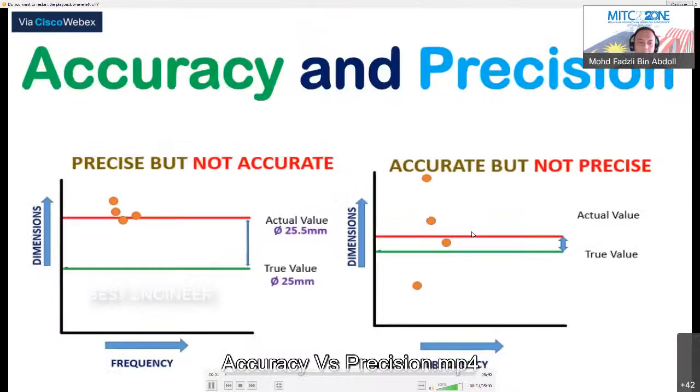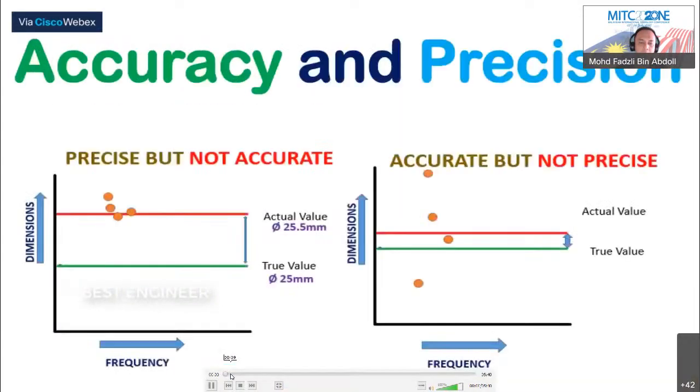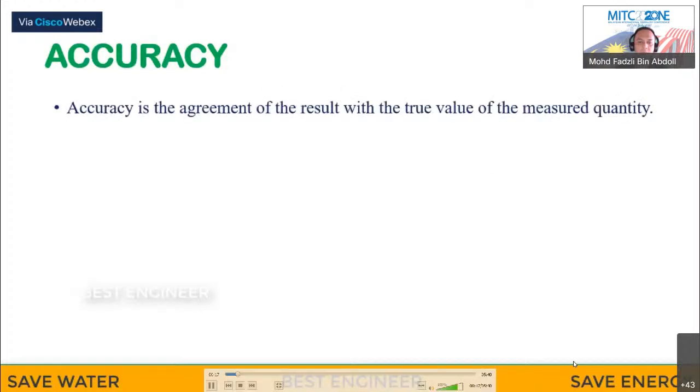Hi viewers, in this video we are going to discuss about accuracy and precision. This accuracy and precision are both terms associated with the measuring process. Accuracy is the agreement of the result with the true value of measured quantity.